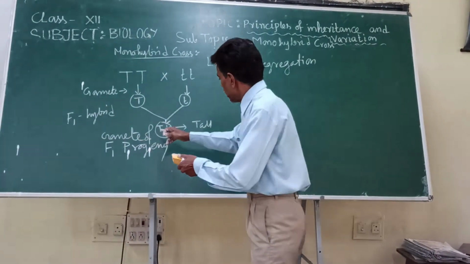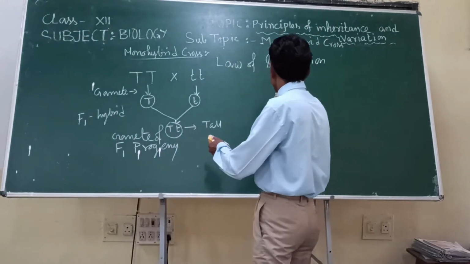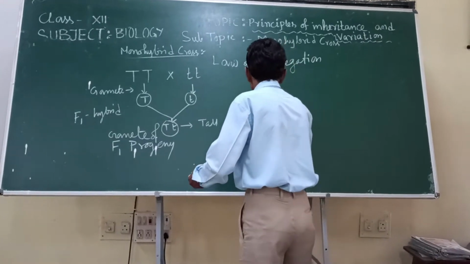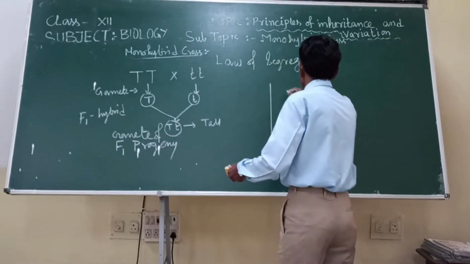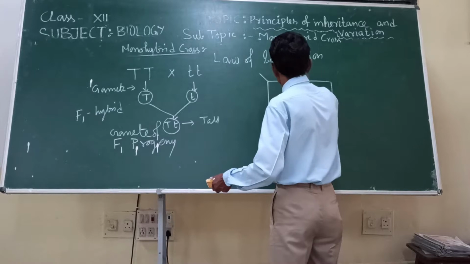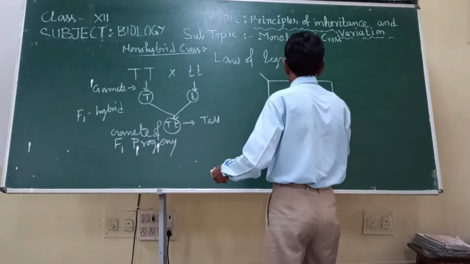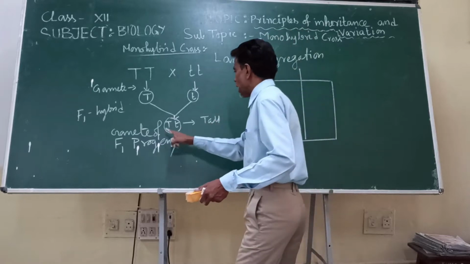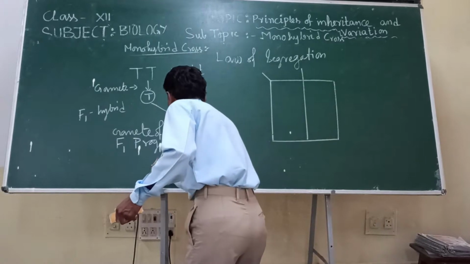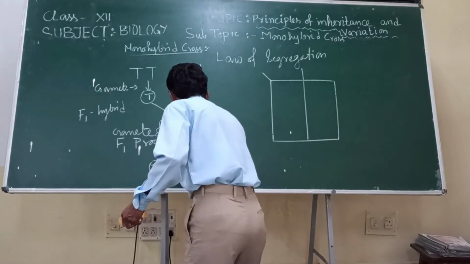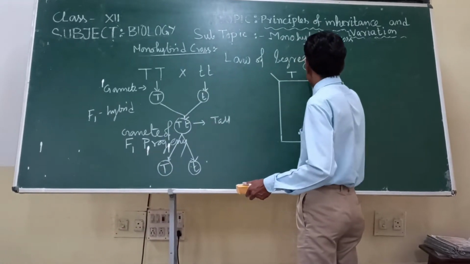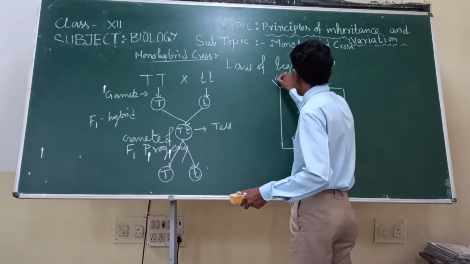If we take this F1 progeny and put them in a Punnett square, this is when the F1 progeny will form gametes. What type of gametes will they form? One with capital T, the other with small t. So suppose this is the F1 gamete, capital T, small t, considered as a male gamete.